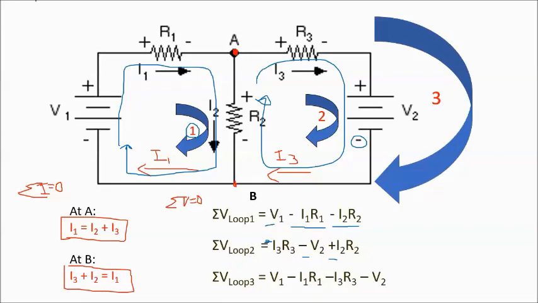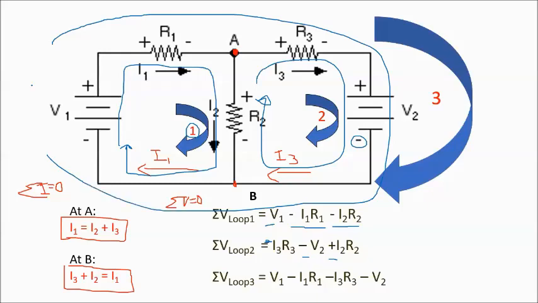So, that's summation V ng loop number 2 equal to 0. Next, outside loop. Dito sa outside loop. Okay. Sa outside loop, meron tayong dalawang source dito, sources and R's. So it's up to you kung saan kayo magsimula. No? Basta ma-end yan before. Basta ma-end, ma-close ninyo yung loop. So halimbawa, start tayo sa V1. So we cross from negative to positive. That's why we have a positive V1. The next, same ang direction.